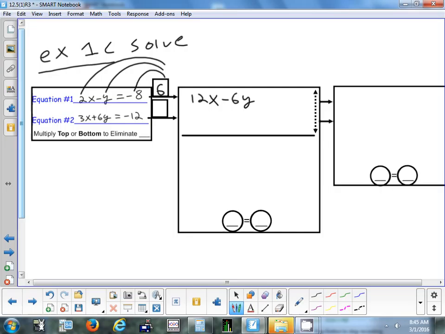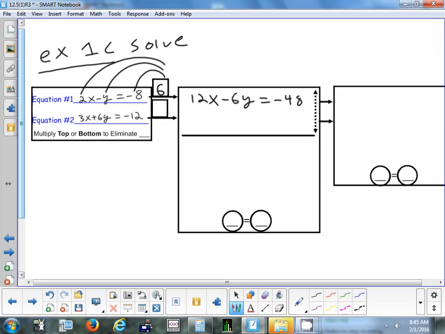In the last part, -8 times 6. What's -8 times 6? -48. Now the bottom equation, just copy it down right below. Sometimes you need to change the bottom one too. We're not doing those type today. For today, you only have to change one of the equations.